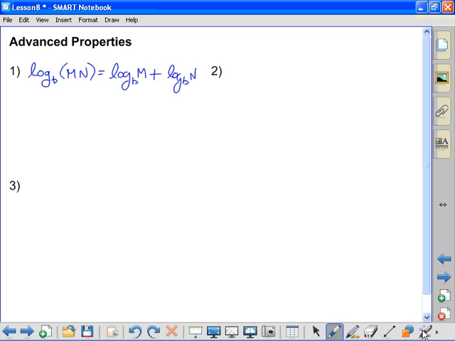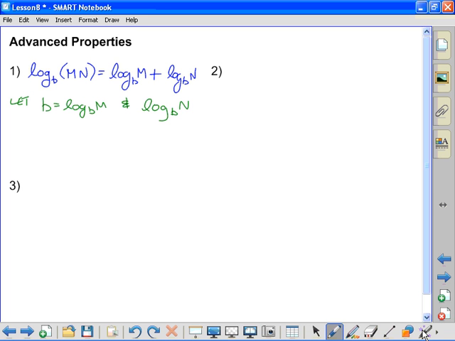So the general proof here. What we would do is let a equal log base b of m, and let c equal log base b of n. We rewrite them in exponential notation.